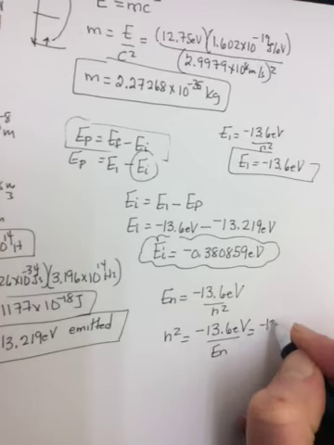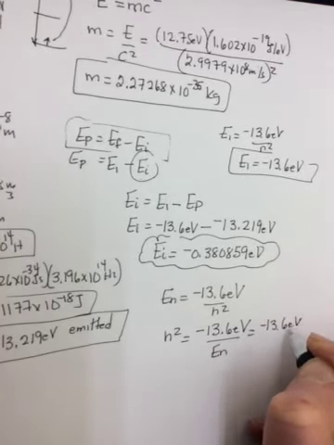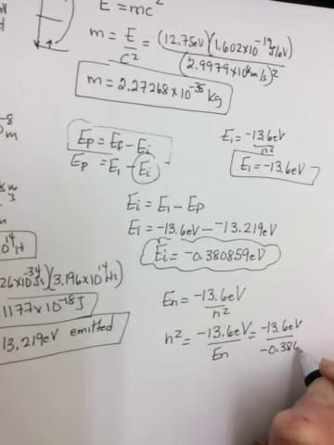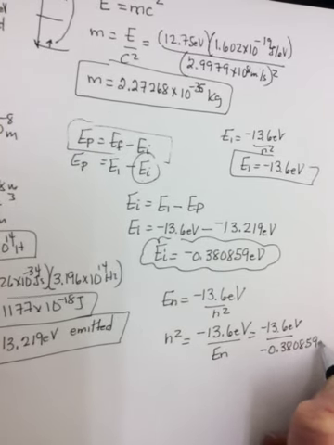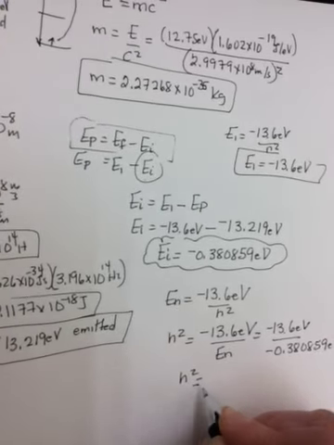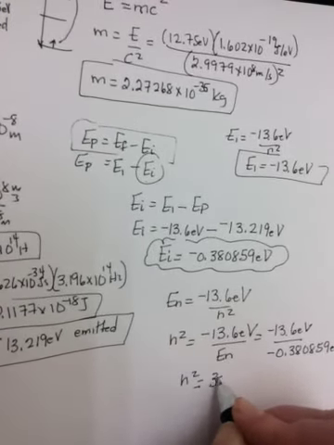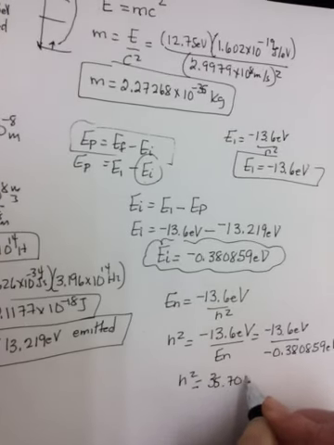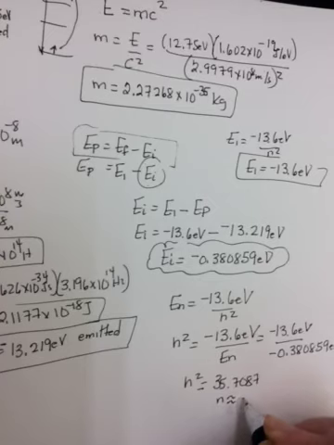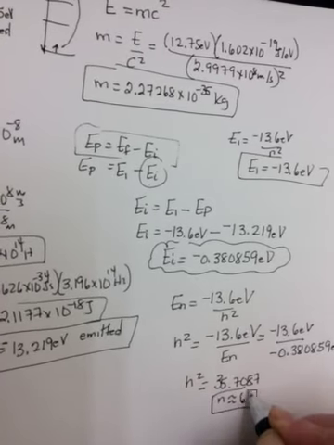So negative 13.6 electron volts over negative 0.380859 electron volts, and you will get an n squared of something like 35.7087. Take the square root, and n is roughly 6.